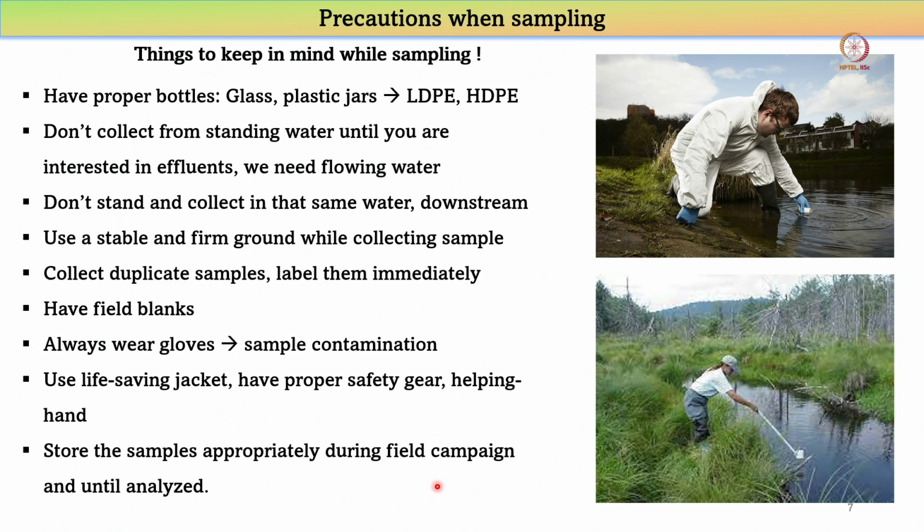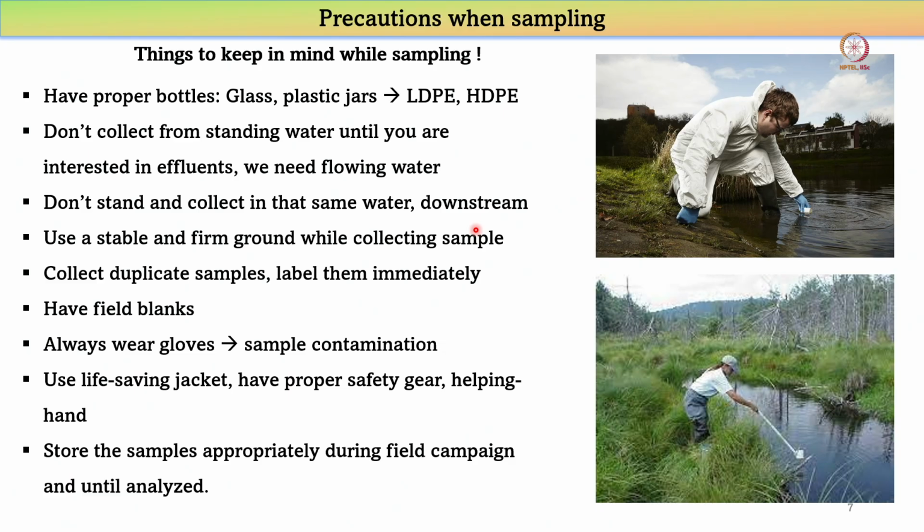The bridge is there and you lower your collecting device from that bridge, so that you're collecting it from the mid channel, or you build such a system that allows you to take water from the middle of the stream and not exactly at the side of the stream. So you have to build it in such a way that you're collecting the water from the flowing water.